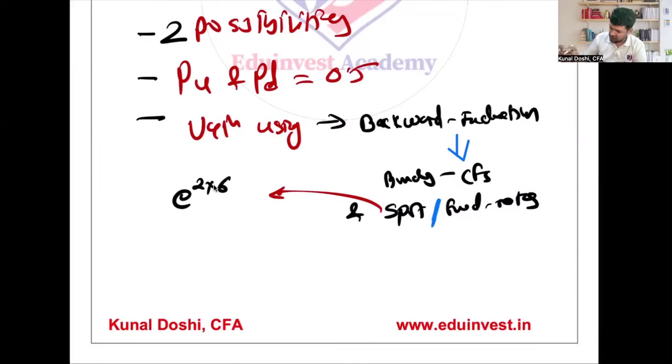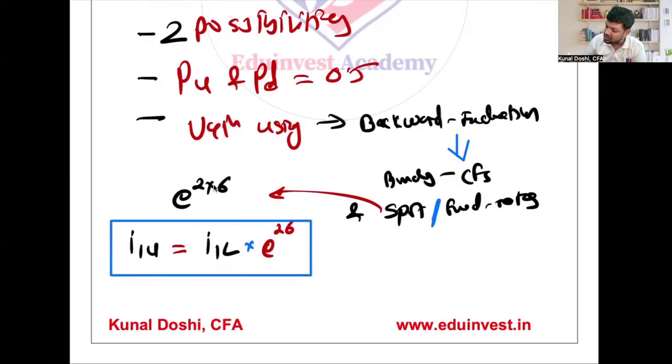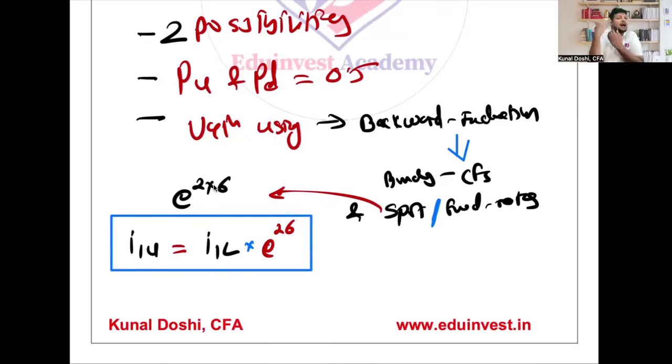If I have the interest rate after 1 year upside and the interest rate after 1 year lower, how do I go from low to high? To go from low to high, I need to multiply by e to the power of 2 standard deviation. The volatility between the interest rates is 2 standard deviations. Through this, you can find the interest rates. If you have the upside interest rate, you can find the downside interest rate and so on.